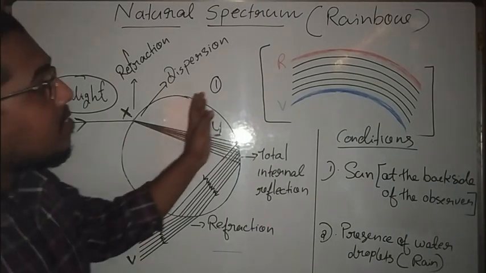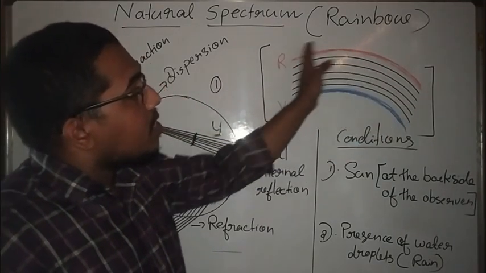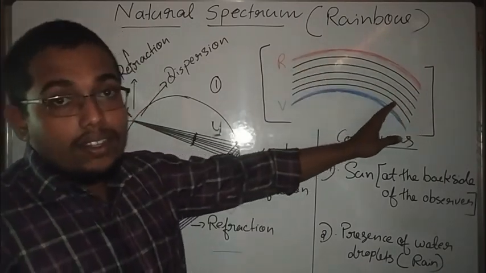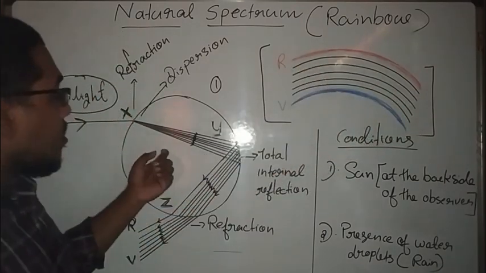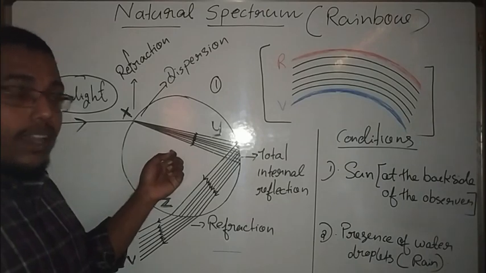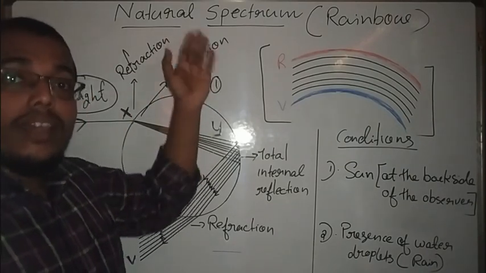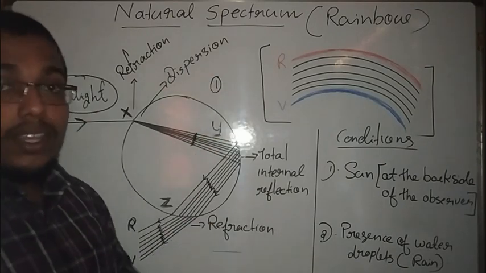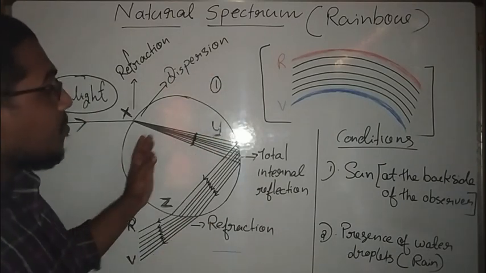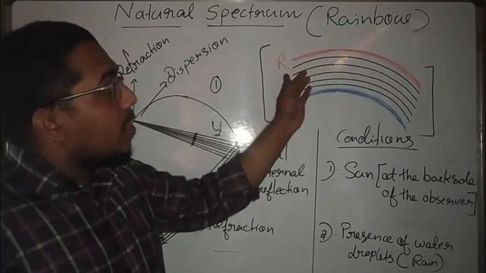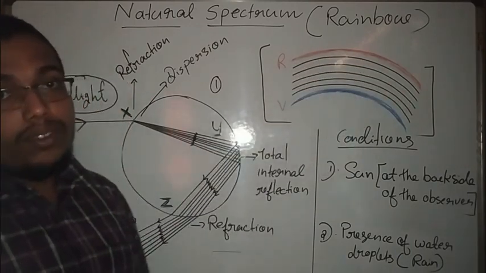As a result, the rainbow forms like an arc. That is the case for a single water droplet. Thousands or lakhs of water droplets will be there in the sky at the time of raining, so the rainbow looks like a curve.